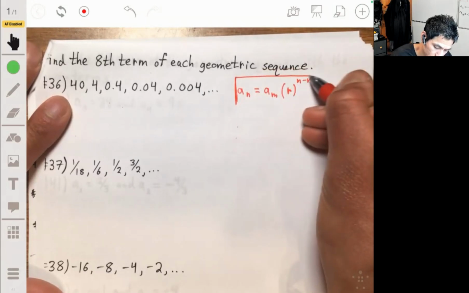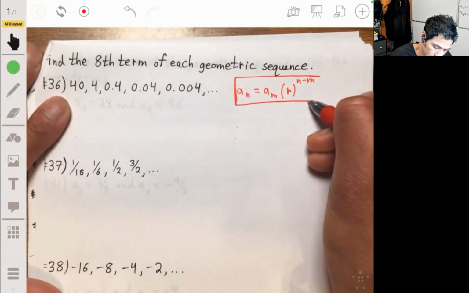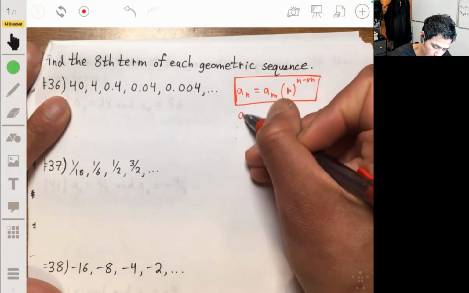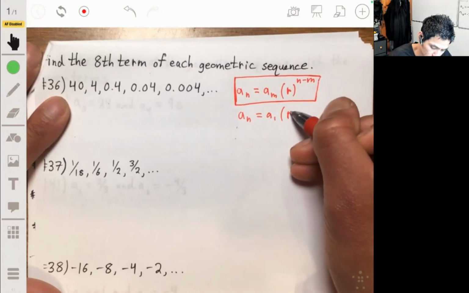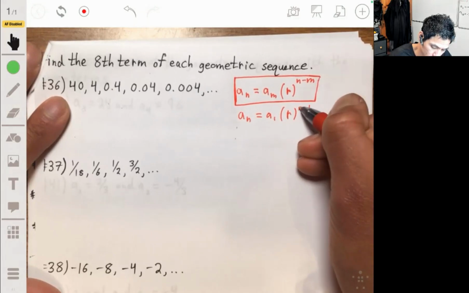Now again, you can always replace m with 1, so we can write an is equal to a1 times r to the n minus 1 power.